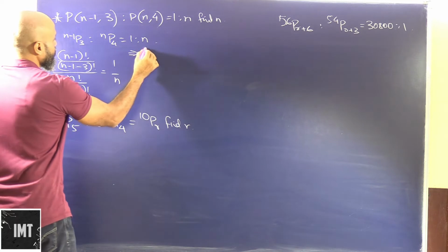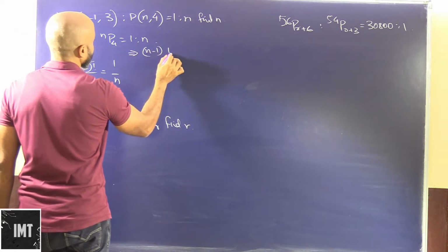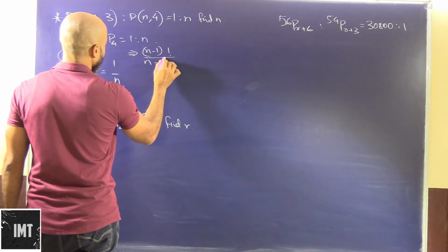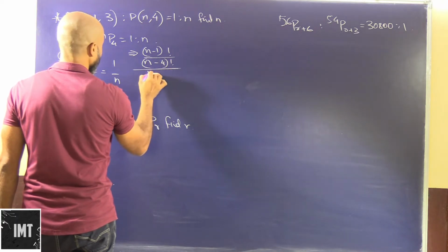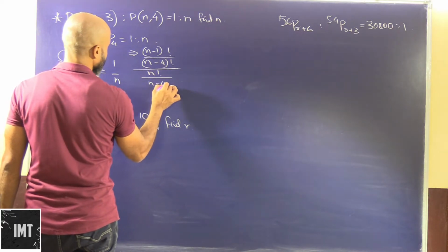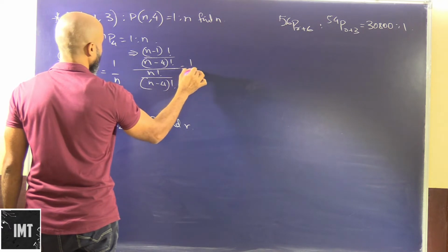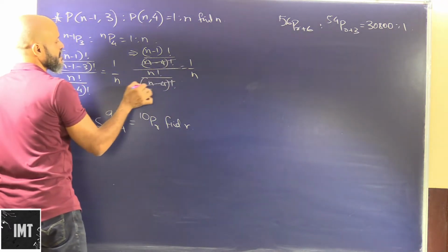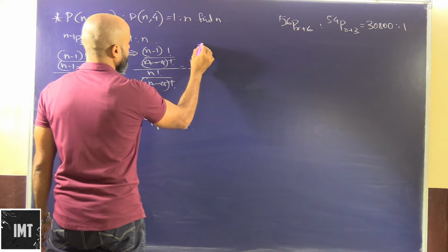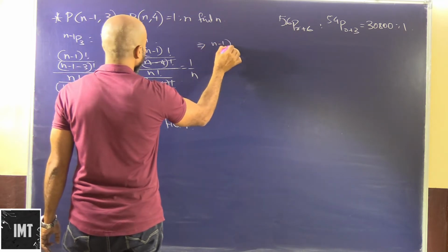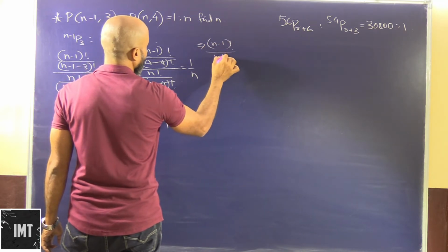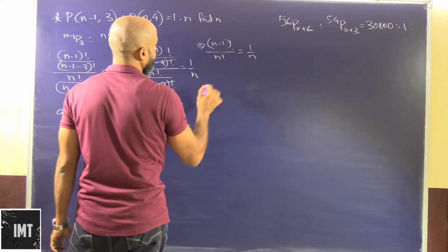So this will be (n-1) factorial (n-4) factorial upon n factorial (n-4) factorial is equal to 1 by n. So these two get cancelled. So we have here (n-1) factorial upon n factorial is equal to 1 by n.